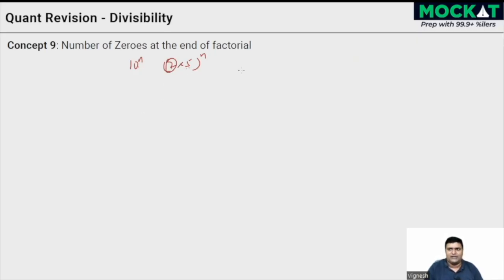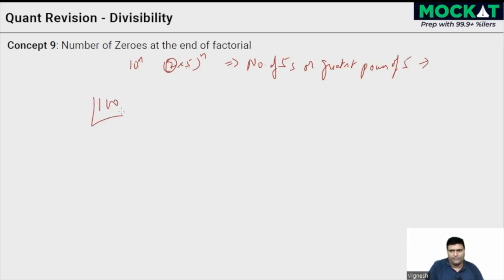So, to find the number of zeros, that's nothing but the number of 5's, or the greatest power of 5 that is going to perfectly divide the factorial. That's it. So in 100 factorial, if I want to find the number of zeros, I just need to find the number of 5's. So 24 zeros in the end.